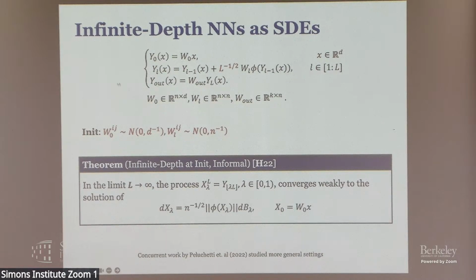There's a concurrent work by other authors who showed something similar, but in more general settings, with more general activation functions, etc. But this gives a nice idea about the behavior of this network at initialization, of course, when you take the depth to infinity. The way to think about this is that you can look at these hidden layers as a discretization of an infinite depth neural network.